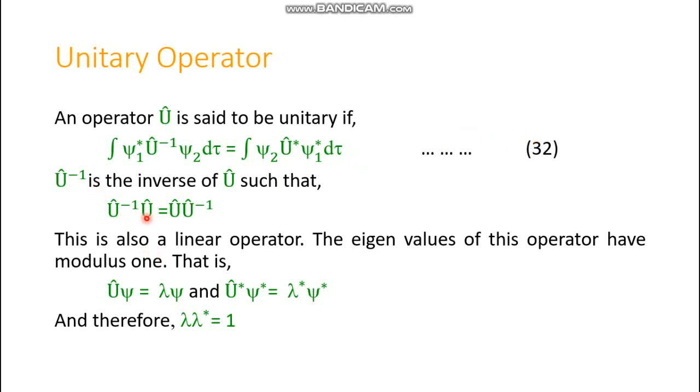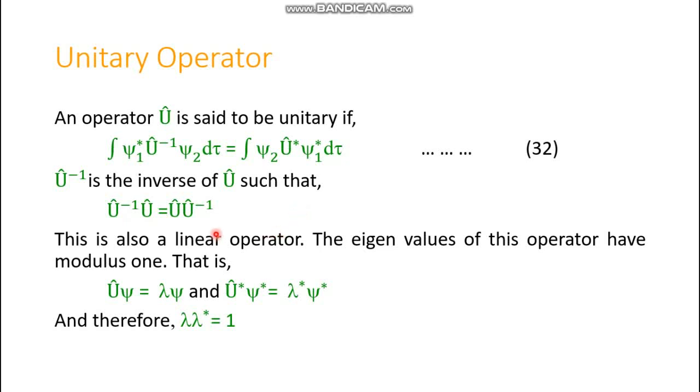and they definitely commute. U cap inverse U cap must be equal to U cap inverse. This is also a linear operator, and the eigenvalues of this operator have modulus 1.